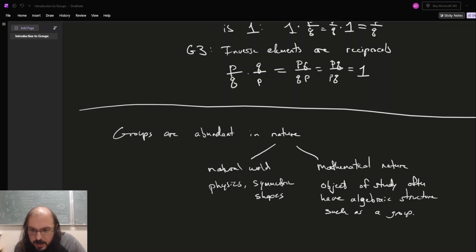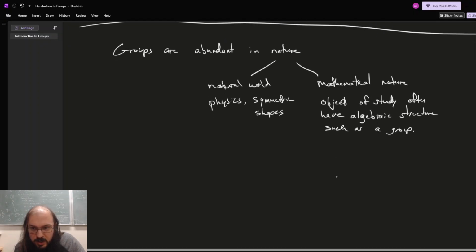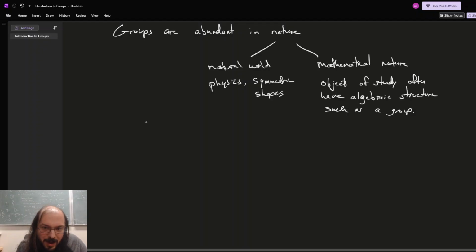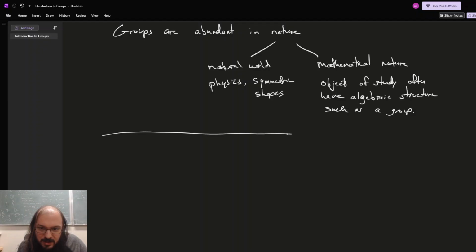Now, the best way to get started studying groups is to look for finite groups. Finite groups are better than studying general infinite groups because, well, there's only finitely many elements. And so it makes it easy for us to understand what's happening just by exhausting all the possibilities.